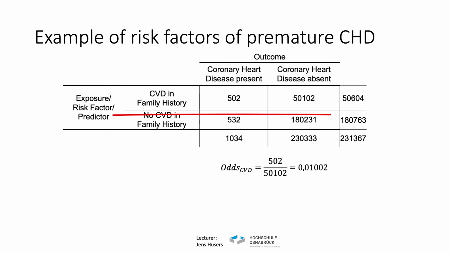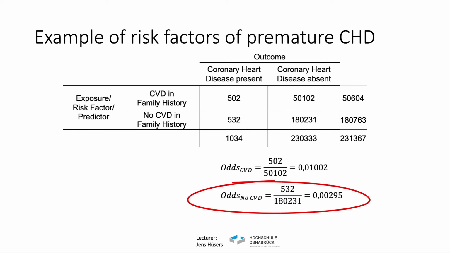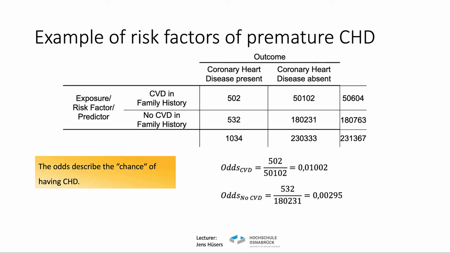For the non-exposed group, the odds is 532 divided by 180,231, which is around 0.00295. Similar to risks, odds describe the chance of CHD.